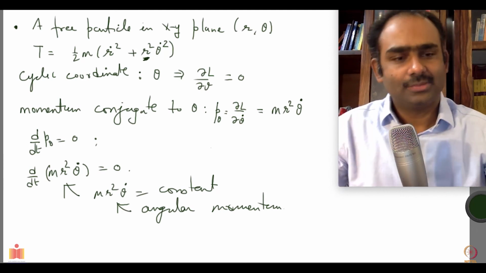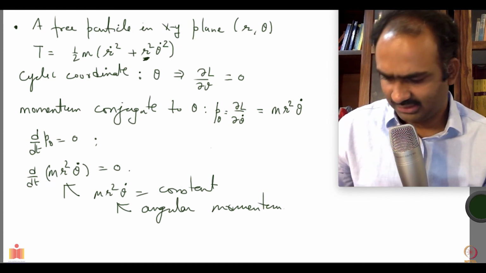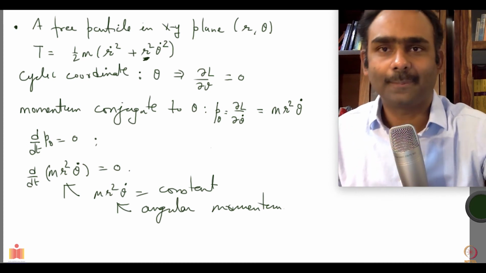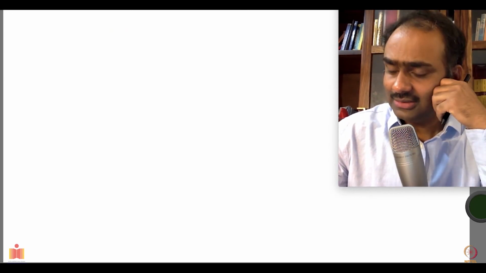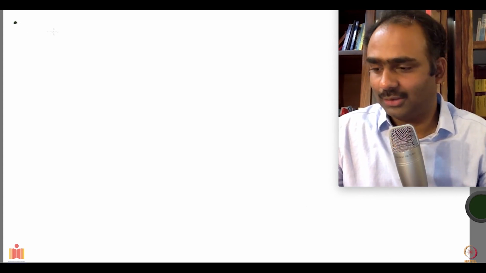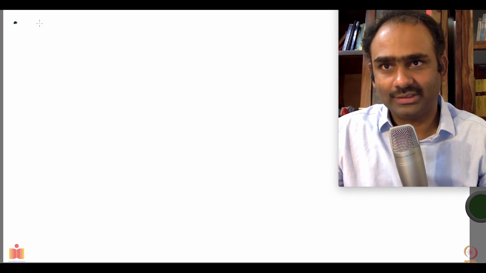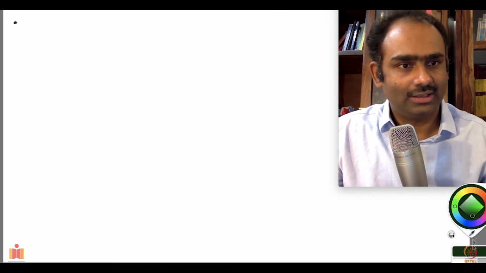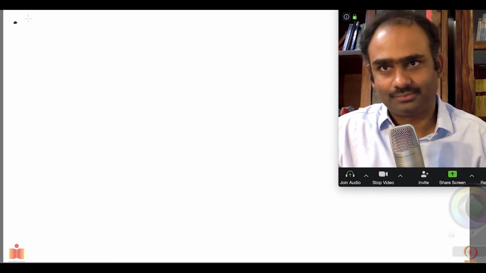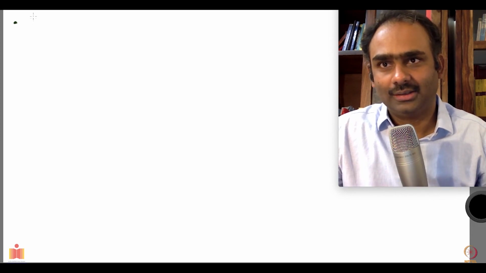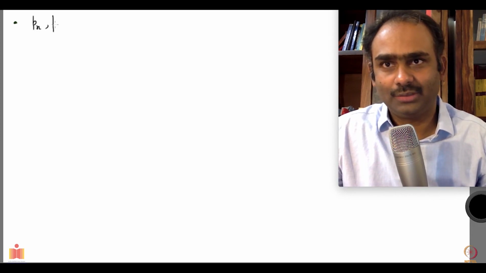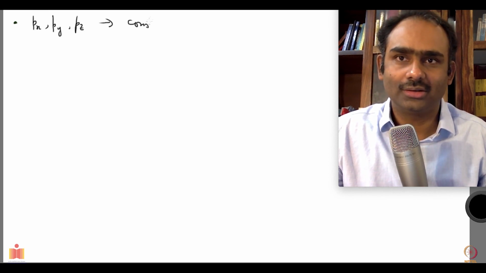Okay, let's make a summary of what we have said, and I'll make some observations based on that. So in the three examples that I have taken, in example number 1, where I had a free particle moving in 3 dimensions, px, py, and pz were all constants.